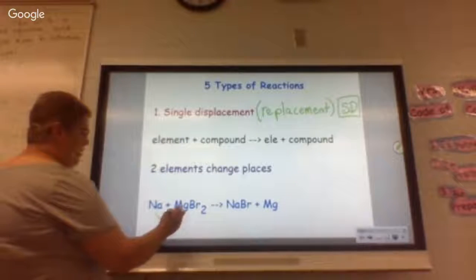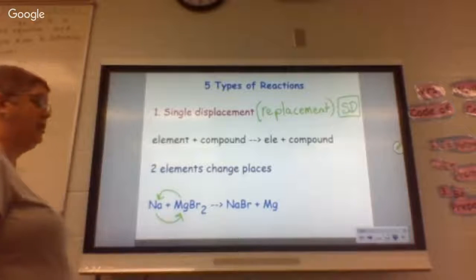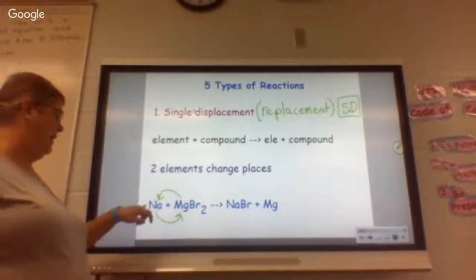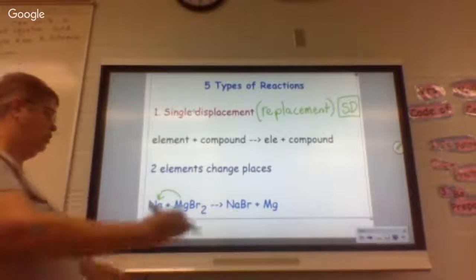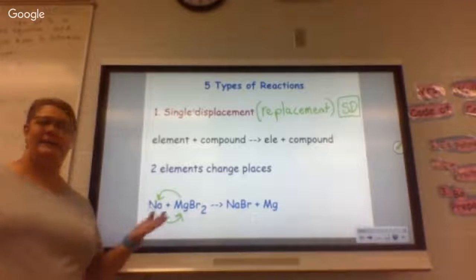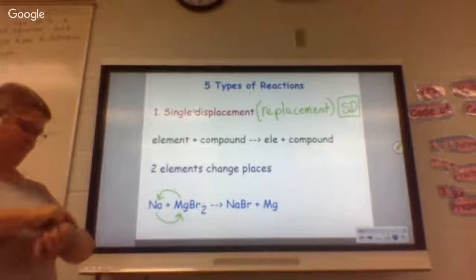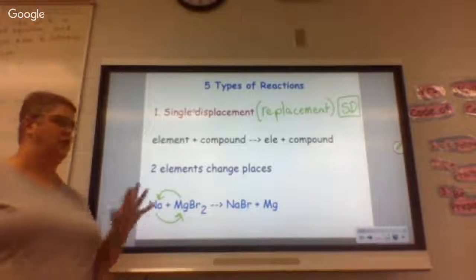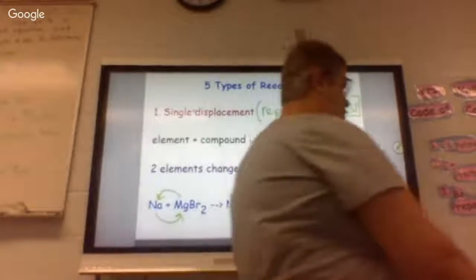Mg and Na are switching places. Na is by itself, Mg is with a Br, and they are just literally switching places so that Na is now with a Br and Mg is by itself. But that is one of the 5 that we're going to look at.